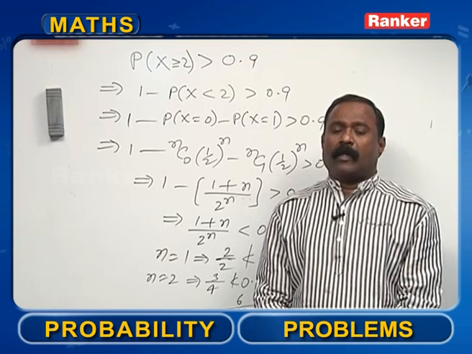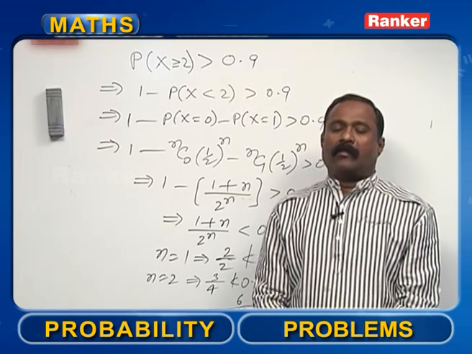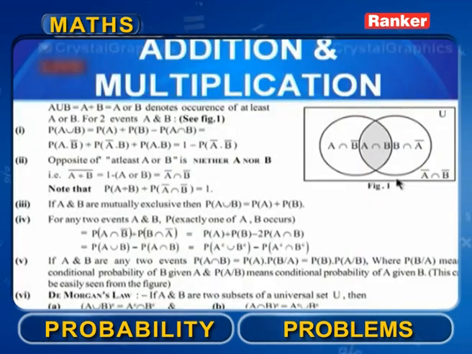Okay. Now, all of you, please go through that slide. It is a Venn diagram. See how A intersection B bar is, see how A intersection B is, and see how B intersection A bar is. What is the meaning of B intersection A bar? B only occurs, A does not. What is the meaning of A intersection B bar?